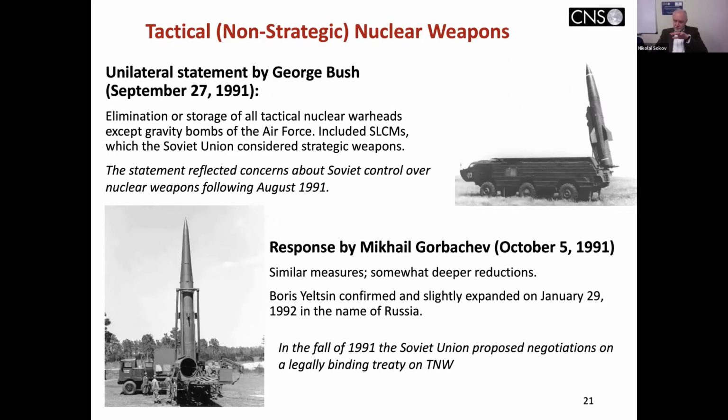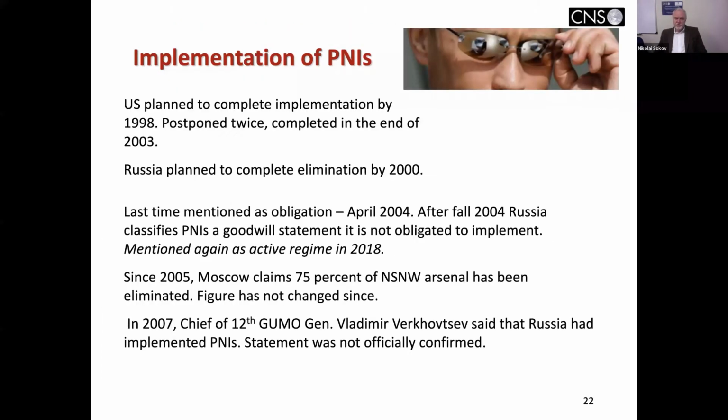So that was the scene as it was created at the end of the Cold War. We had the INF Treaty, which had unlimited duration. We had START 1, which remained in force until 2009, and we had an informal regime on non-strategic nuclear weapons.